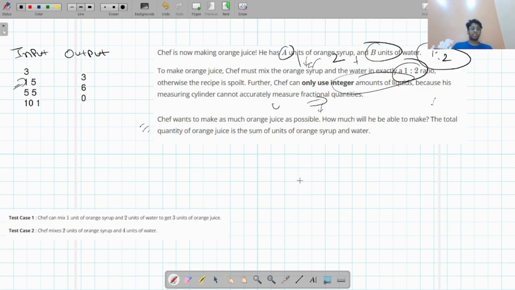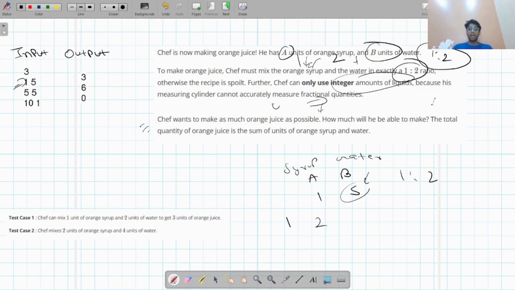Now let's take the first test case. In the first test case, we have A, B which is 1, 5. So Chef can mix 1 unit of orange syrup and 2 units of water, because the syrup and water should be in the quantity of 1:2.